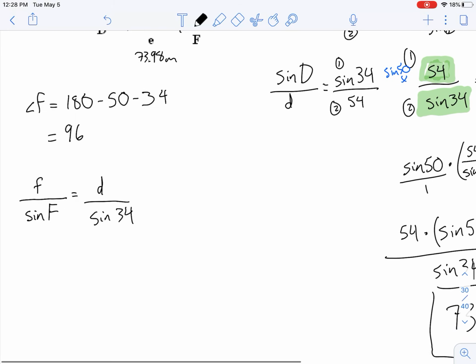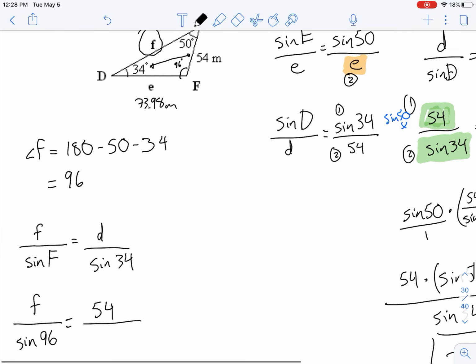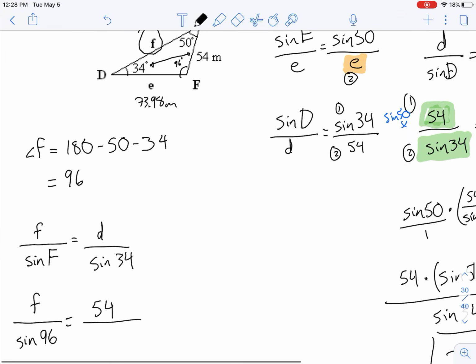So here's a complete ratio. You'll see as I start filling out some values, F is unknown. Sine F, F is 96, we just solved for that. And then we have equal to D, which was given to us, 54, over sine of 34.